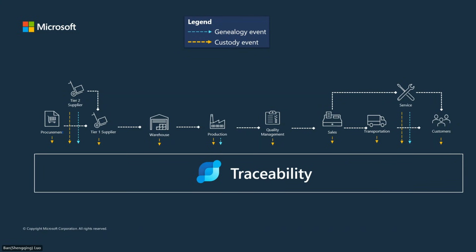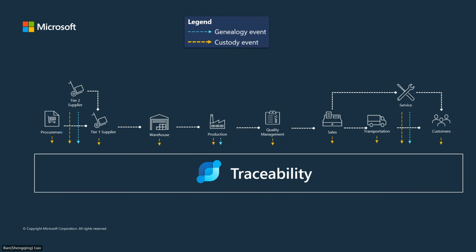Just to really quickly talk about what traceability is all about. When we talk about traceability in the value chain, we're basically tracking two pieces of information. We're tracking genealogy events, which you see here in blue.